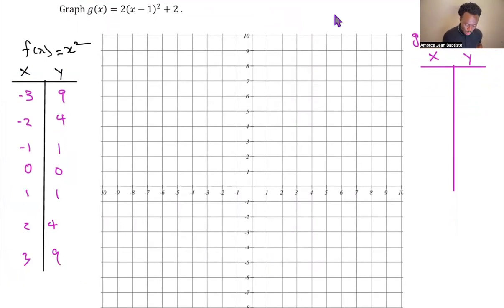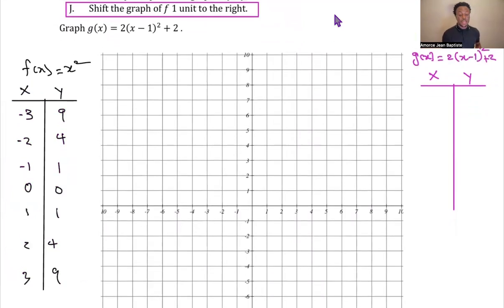Obviously, we already know what the quadratic function looks like, but it's always better to be careful and put the values down. So 0, 0; 1, 1; -1, 1; 2, 4; -2, 4; and then 3, 9; -3, 9.